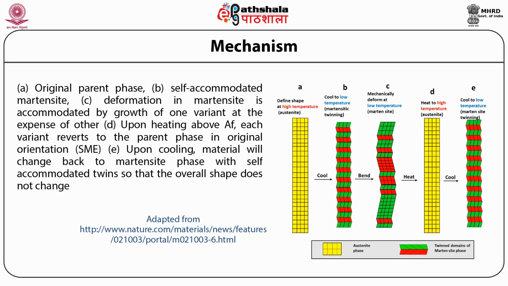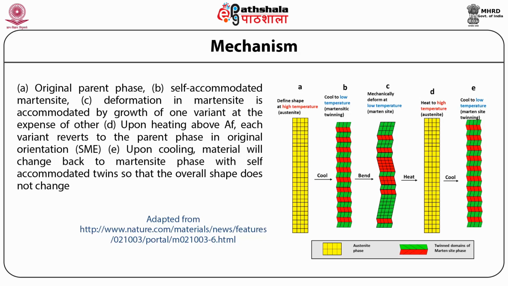Upon cooling to low temperature, the phase and hence the lattice structure changes. In order to keep the overall shape the same, the material forms several twins as shown in B. When some additional stress is applied, one of the twins which is favored by this stress starts to grow at the expense of the other.